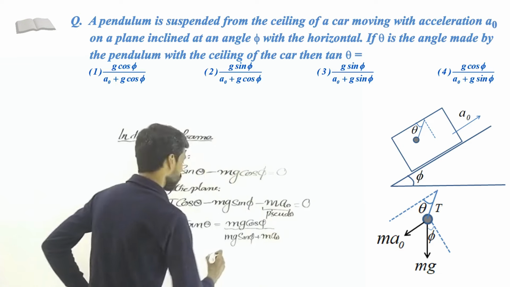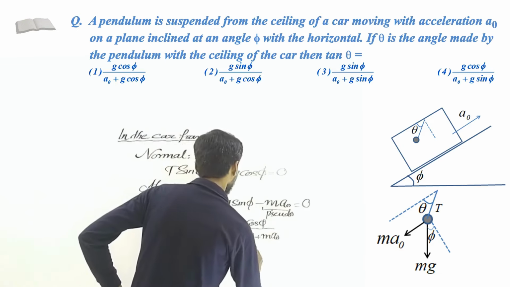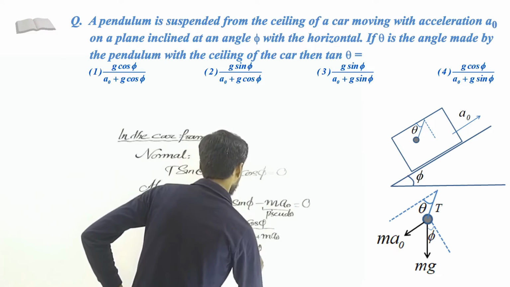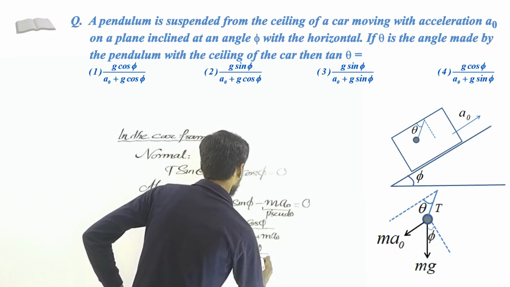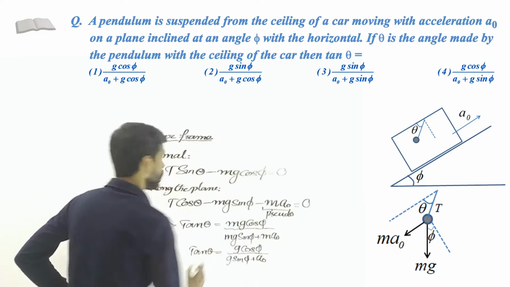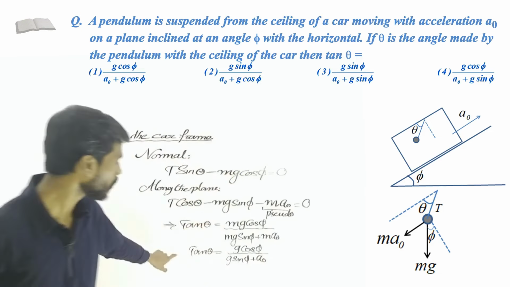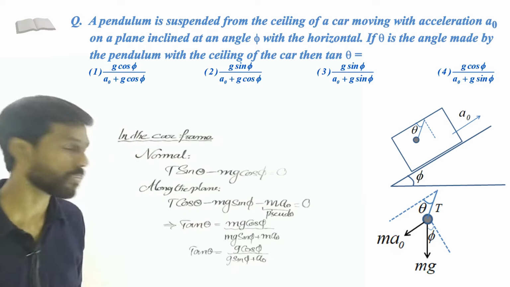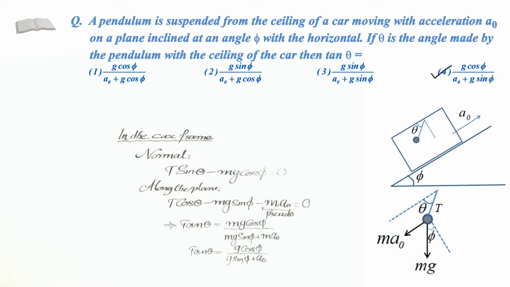That is the answer. Or we can divide by m, so we get g cos phi divided by g sin phi plus a0. This is the angle made by the pendulum with the ceiling, with the inclined plane, not with the vertical. So the formula is tan theta equals g cos phi divided by g sin phi plus a0. Alright, so that is the answer to the question.